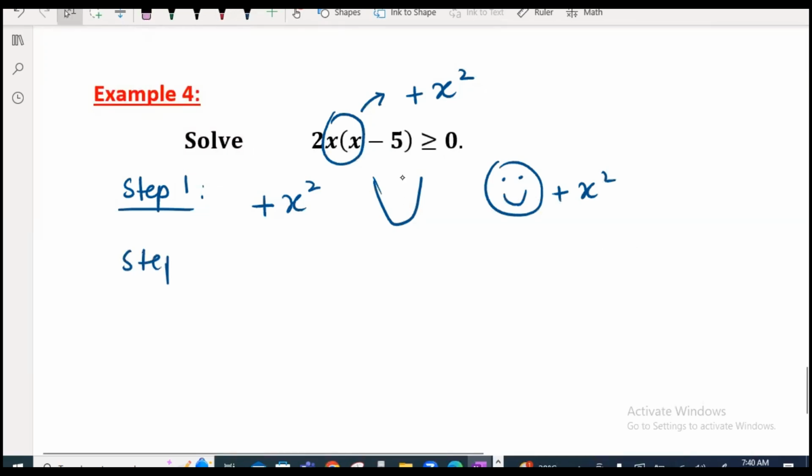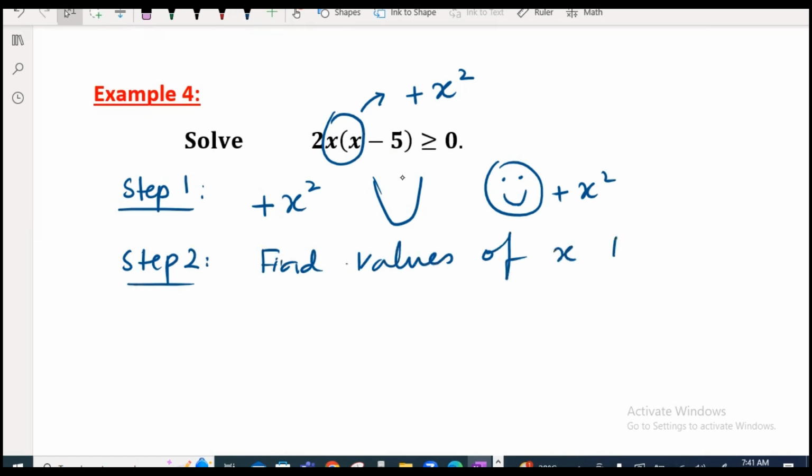Step number 2 is to find the values of x by equating the left hand side with 0.